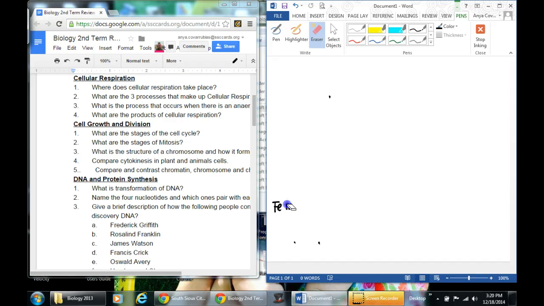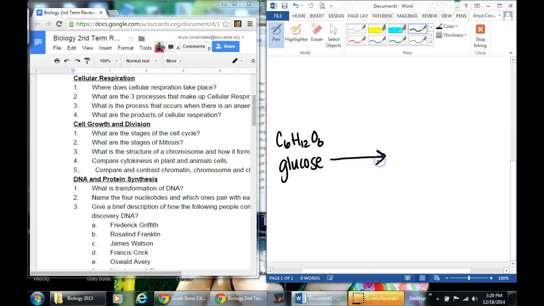So glycolysis, we're starting out with the sugar that we ate from the plant. So we start out with our C6H12O6, and this is called glucose. So we start out with glucose, and the first thing that's going to happen is this glucose is going to be broken down, and so it's either going to take energy or produce energy to do so.